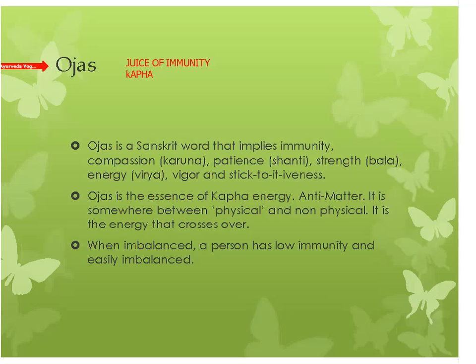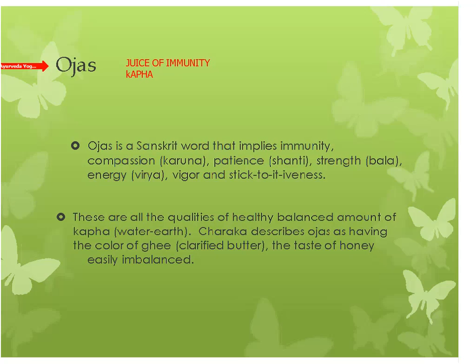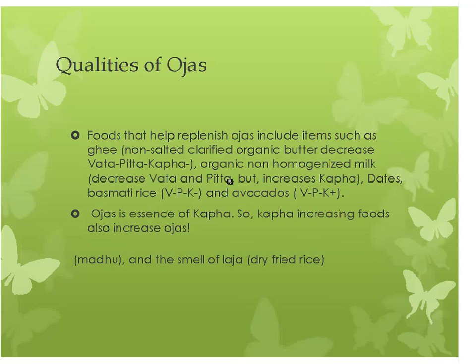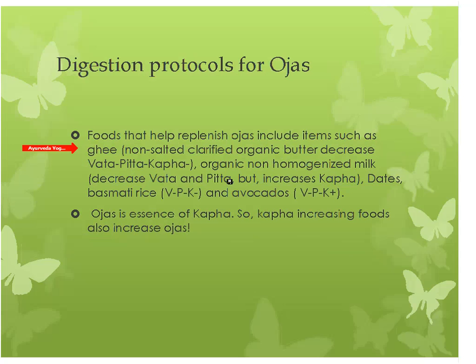When ojas is low, immunity is low. That's the easiest thing. When ojas is low, prana is also low. Very simple.